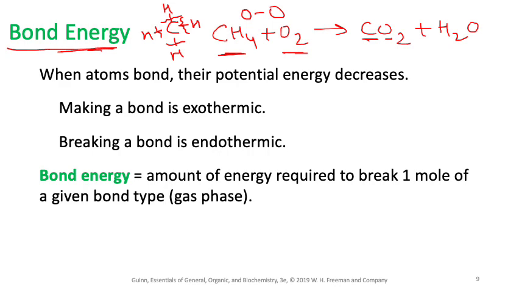That means for any chemical reaction going from reactant to product side, two kinds of processes are happening. First, the bonds of the molecules on the reactant side are broken, and then on the product side a new bond is formed, for carbon dioxide. So in any chemical reaction, on the reactant side there is always a breaking of bonds, and on the product side you'll always form new bonds.